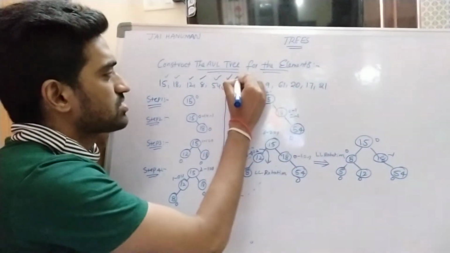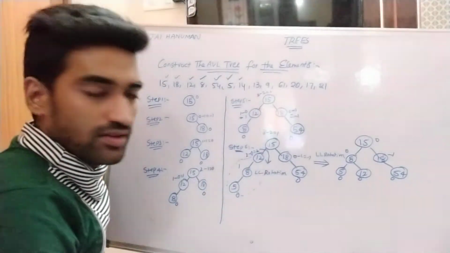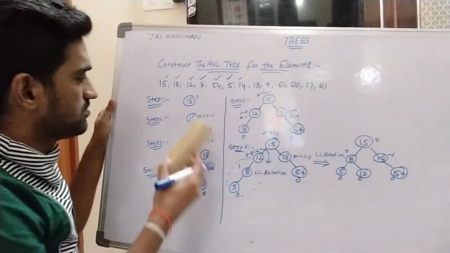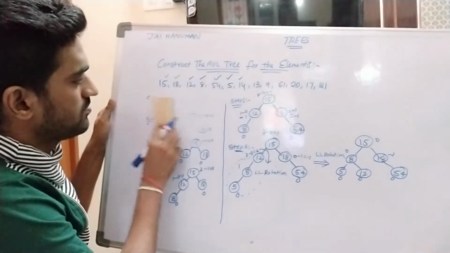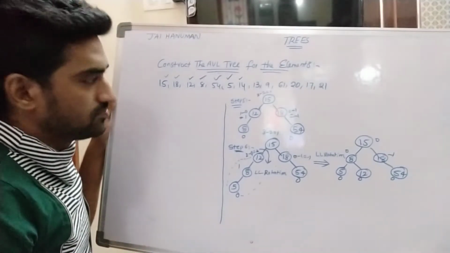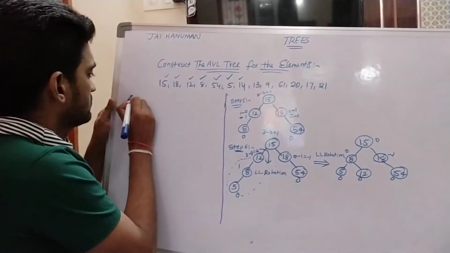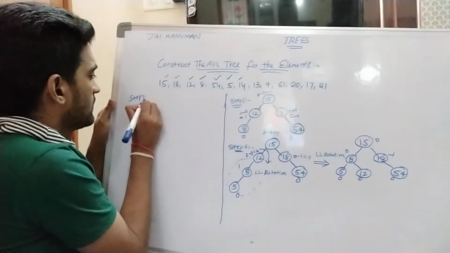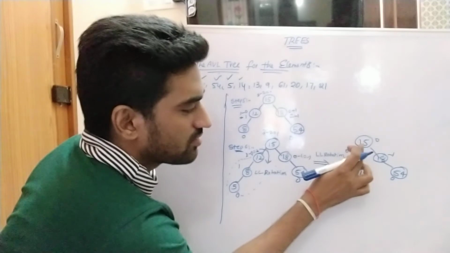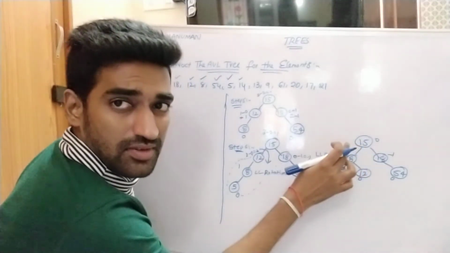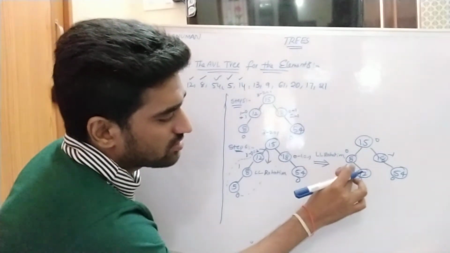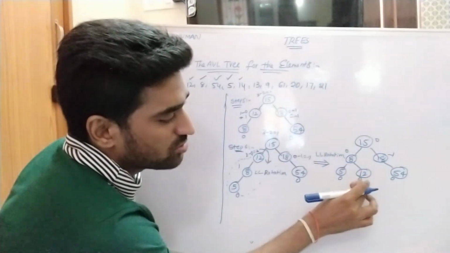Again, we are performing an insertion operation, that is 14. So in step 7, we are inserting 14. When compared to 15, 14 is less in value, so we can insert at the left position. When compared to 8, this is greater in value, move to the right.